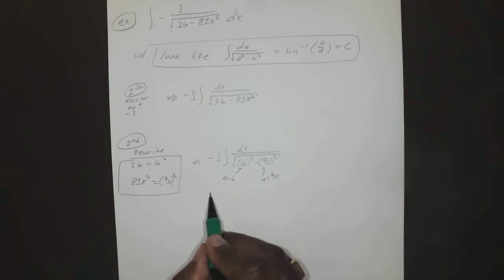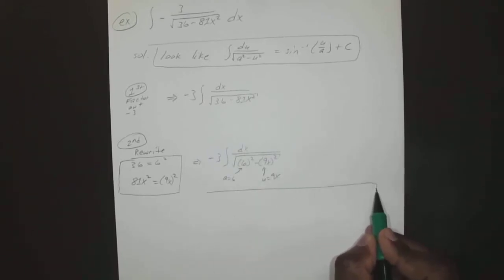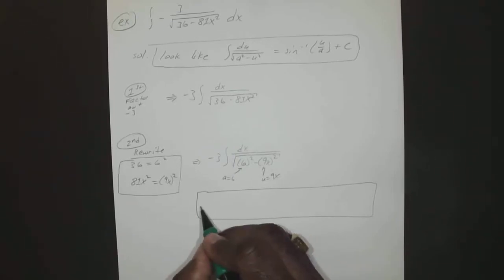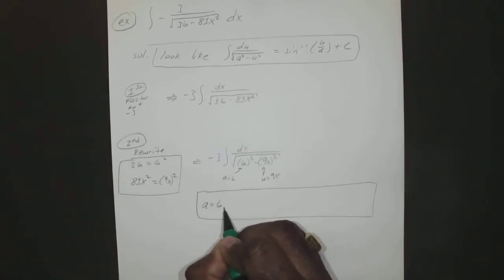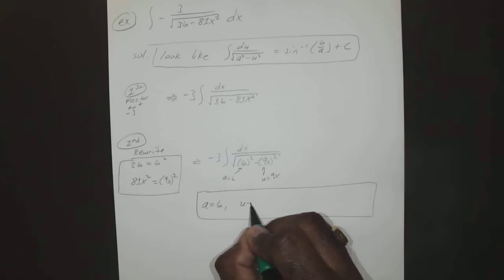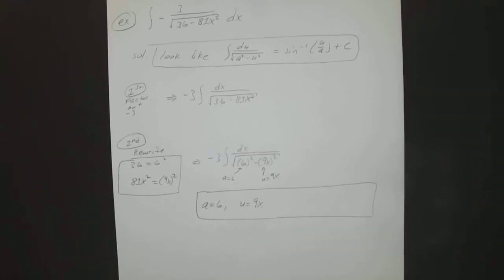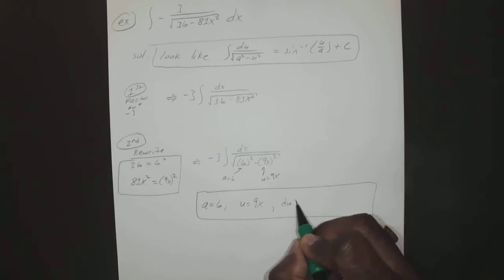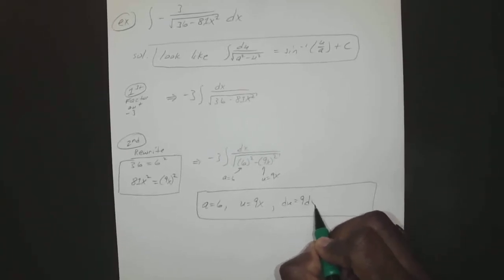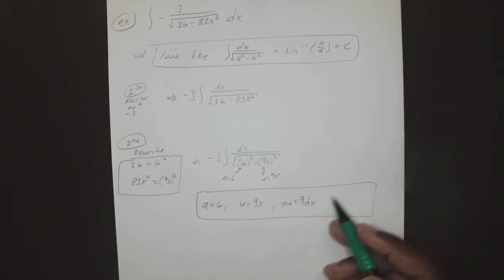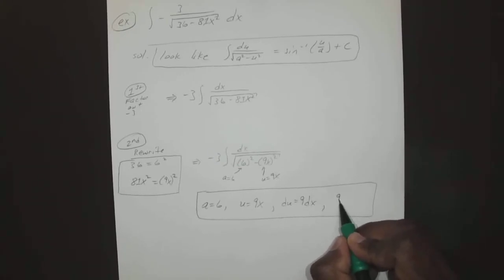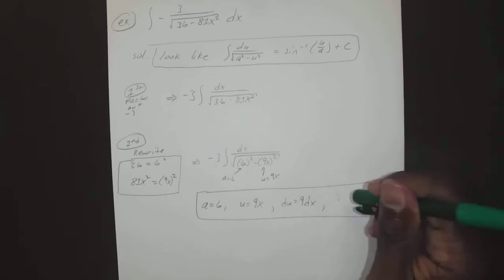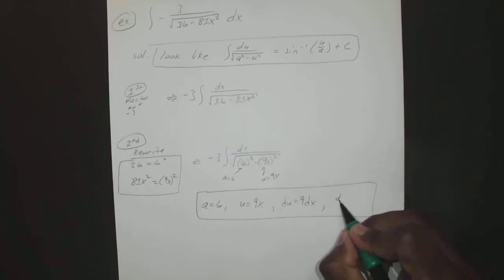Okay, so you're going to take those, and I usually just draw a little box. So you have a equals 6. Your u is equal to 9x, which means your du is equal to 9 dx, which means du over 9 is equal to dx.